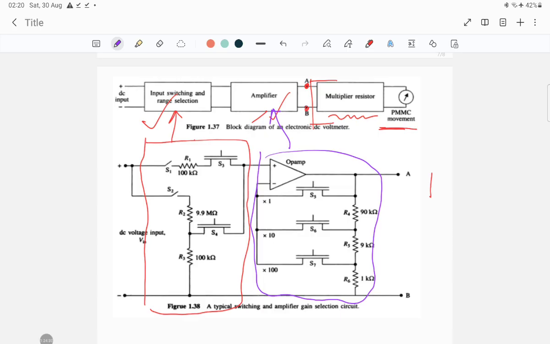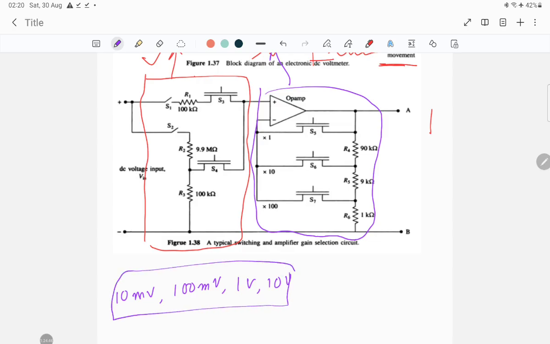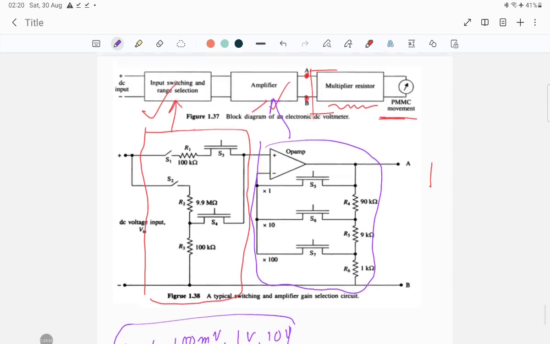Suppose you want to select different ranges: 10 millivolt, then 100 millivolt, then 1 volt, then 10 volts. Suppose these are the ranges, and you want to select these 4 ranges. But every time you cannot provide higher voltages.